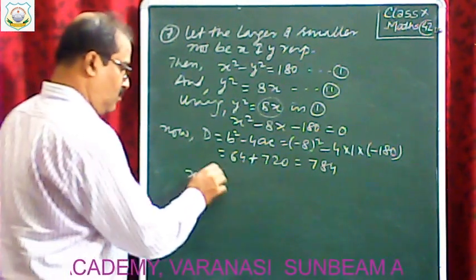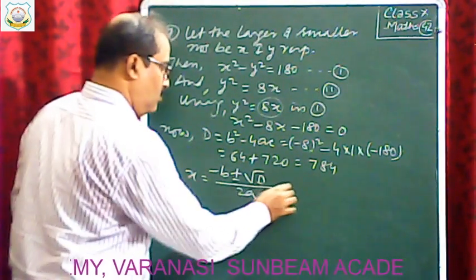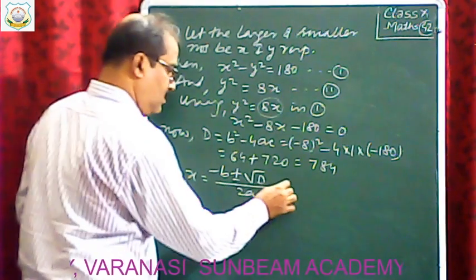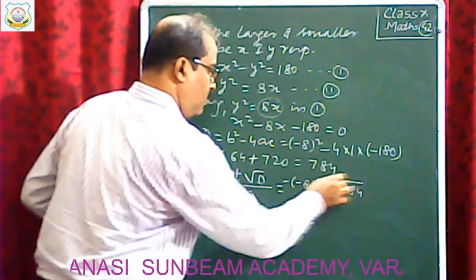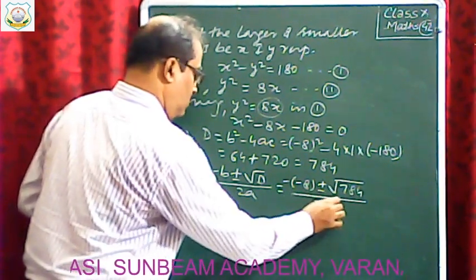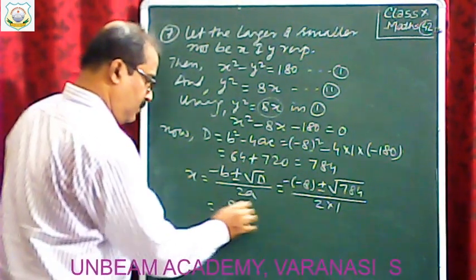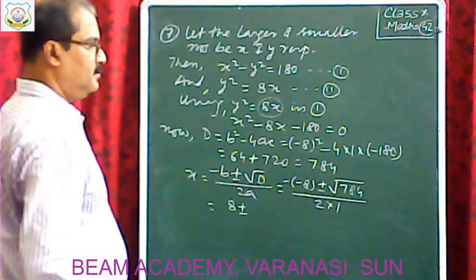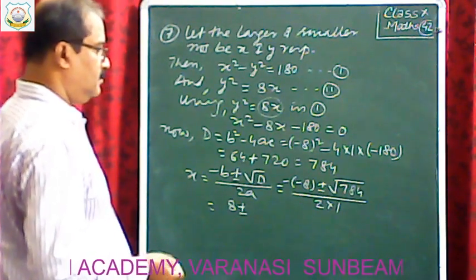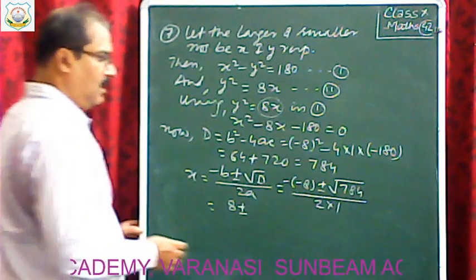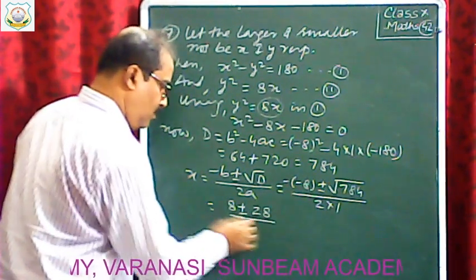So x equal to minus b plus minus square root D upon 2a. Minus b is 8. So 8 plus minus square root 784 whole upon 2 into 1. Square root 784 means 28, upon 2.